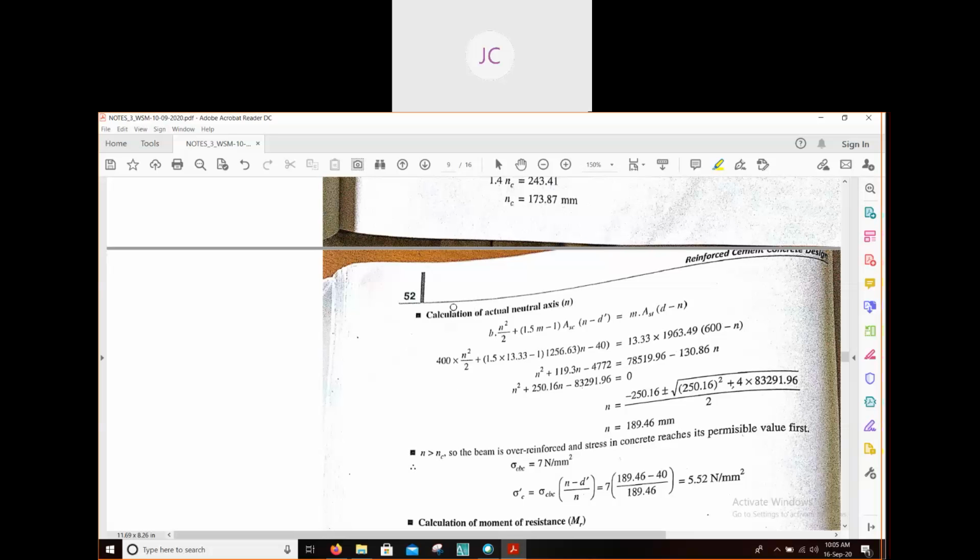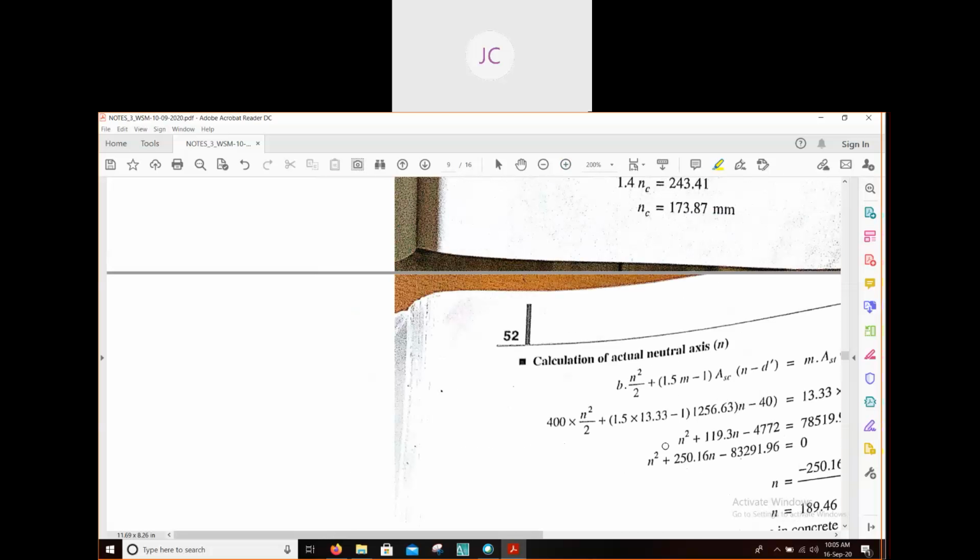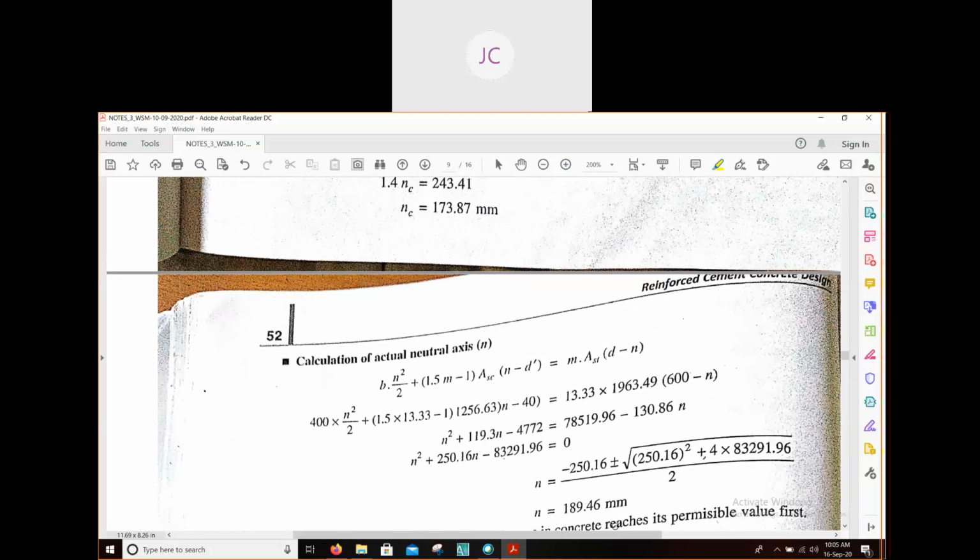Now for calculating the actual neutral axis depth we have to use this equation: b n square by 2 equals this expression.